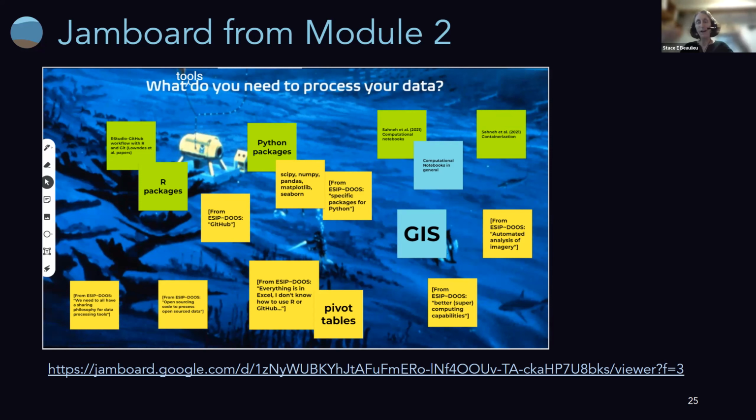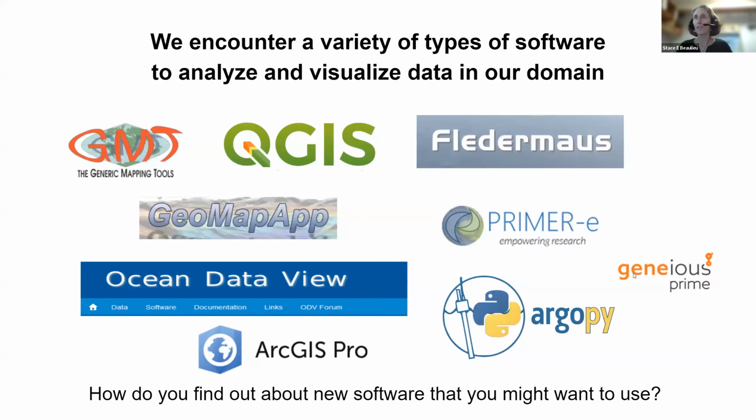Basically, we're not going to go with the Jamboard today. It's already very full, but within your breakout room, this is the time it's okay to talk about the actual tools that you're using. And here is just a smattering of logos from a variety of types of software that we use in our domain, ocean sciences.